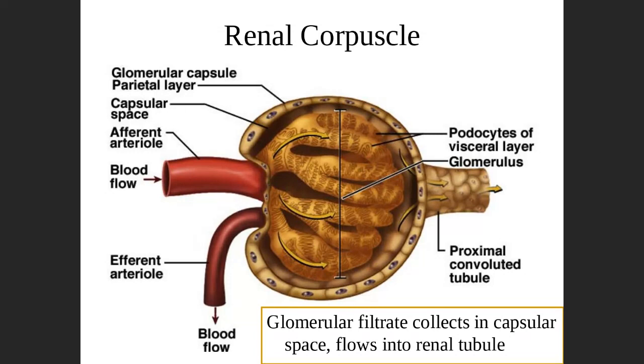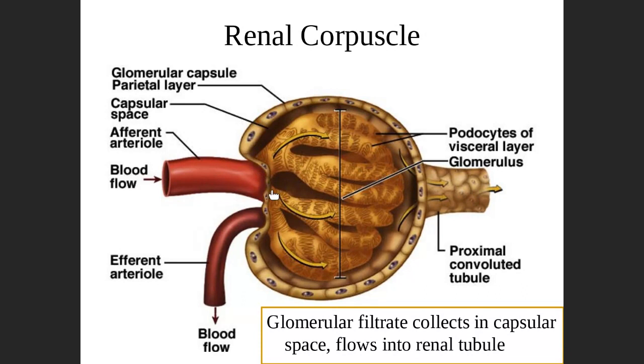And where does filtration occur? Right here. Filtration occurs right here. This area is known as the renal corpuscle, which is composed of the Bowman's capsule that you see here and the glomerulus underneath.